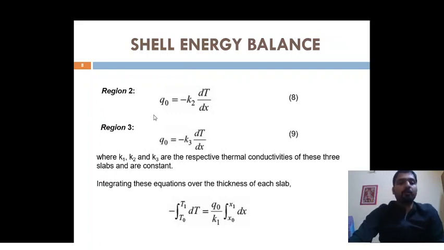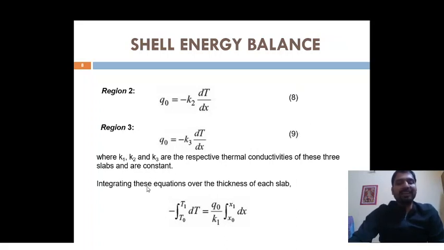For region 2, Q naught is equal to minus K2 dT over dx, because the thermal conductivity of substance 2 is K2. For region 3, that is for substance 3, Q naught is equal to minus K3 dT over dx, where K3 is the thermal conductivity of substance 3, denoted by equations number 8 and 9 respectively.